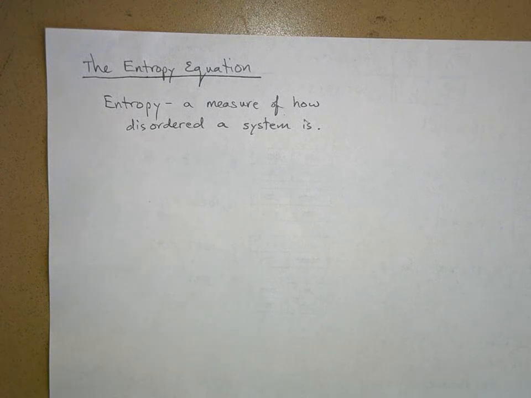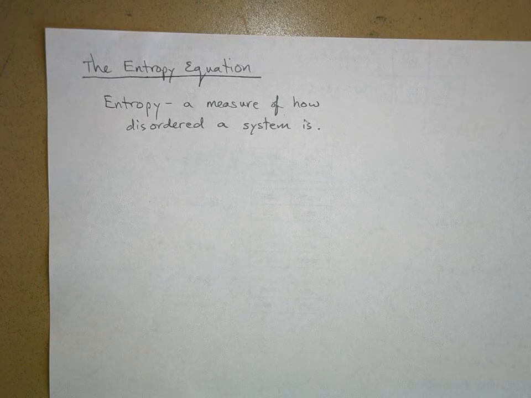Now, I have to admit, my wife and I are not exactly neat freaks, okay? And so we're kind of messy. So that means that we have a high state of entropy in our home.